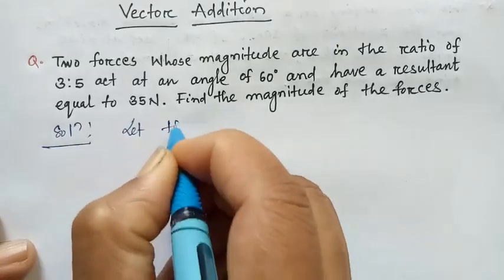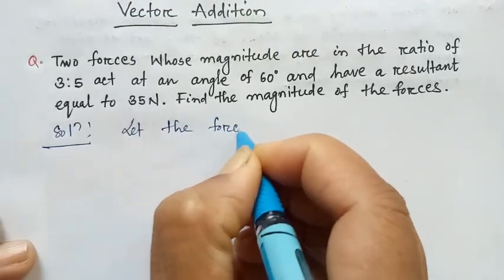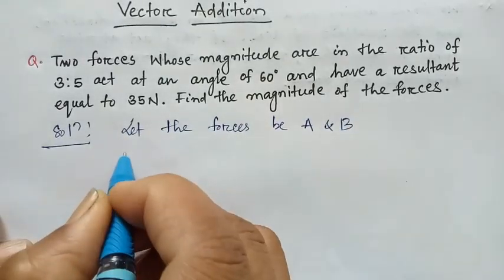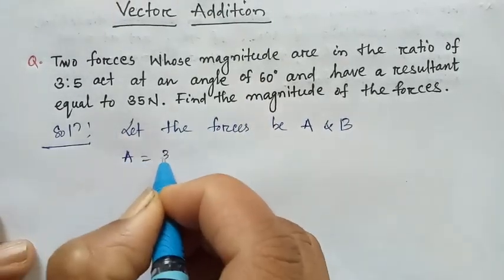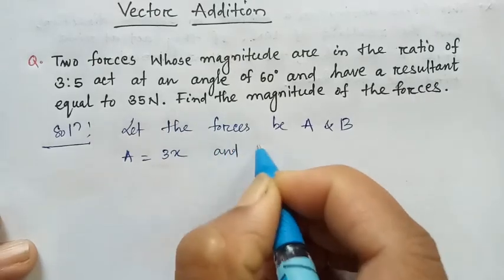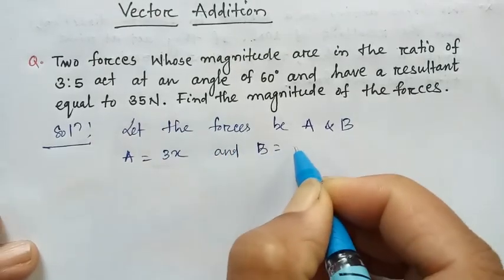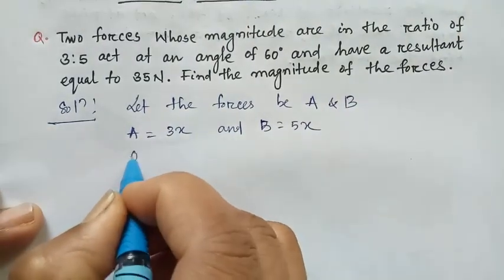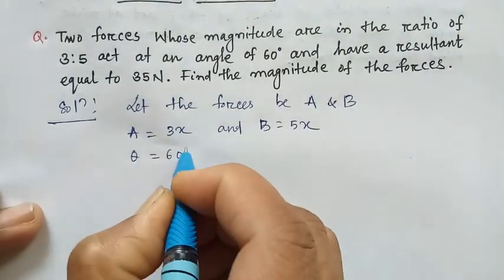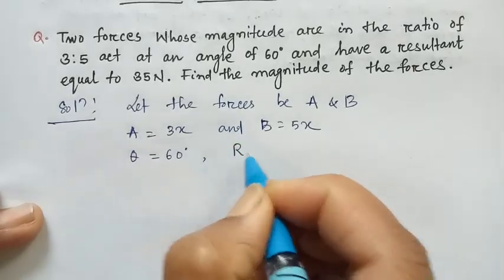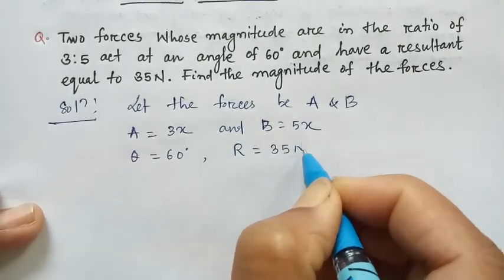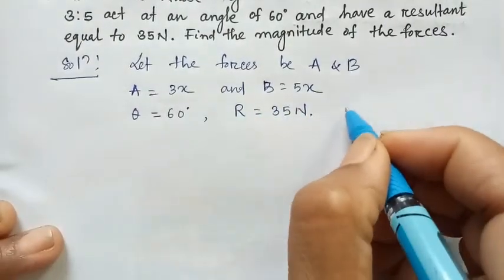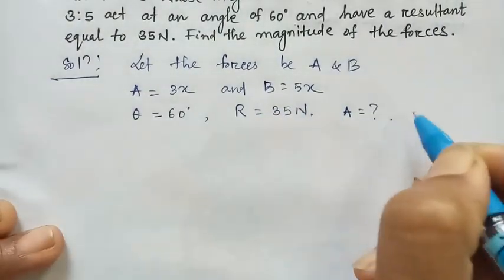Let the forces be A and B. A is equal to 3x and B is 5x, and given theta is 60 degree, and resultant R is given as 35 Newton. So we have to find out the forces, that means A and B.